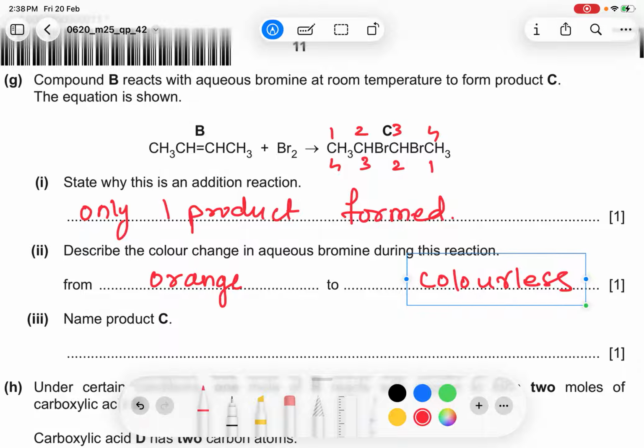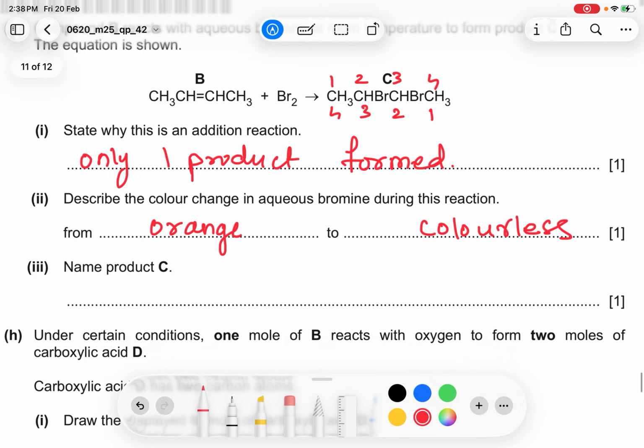And when you number it from left to right, again you get bromine at the second and third positions. So you can go with any numbering because it is getting the same numbers. So we'll write the position of bromine first, which is 2 and 3. We have 2 bromine atoms, so we'll write dibromo, and it is a 4 carbon atom compound, so butane.